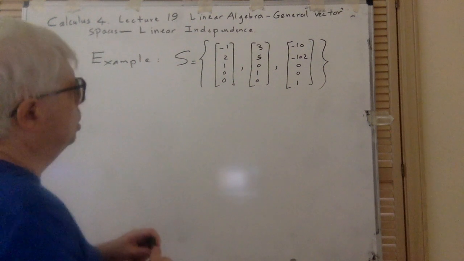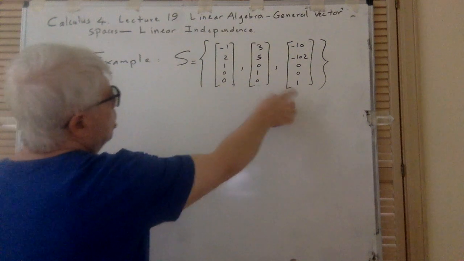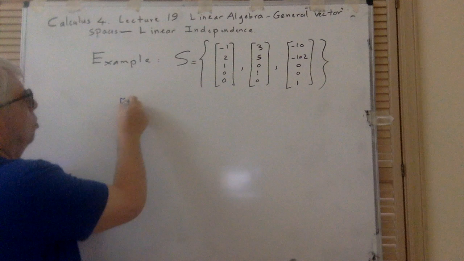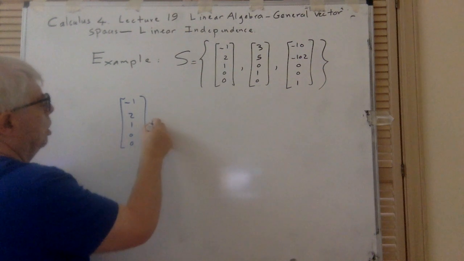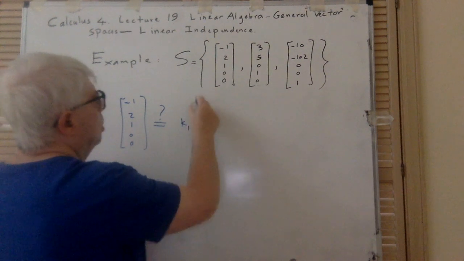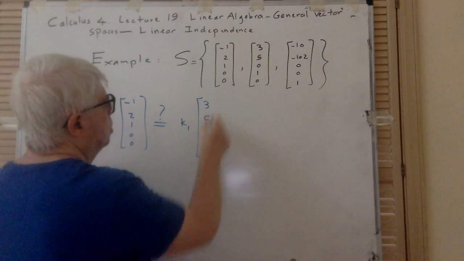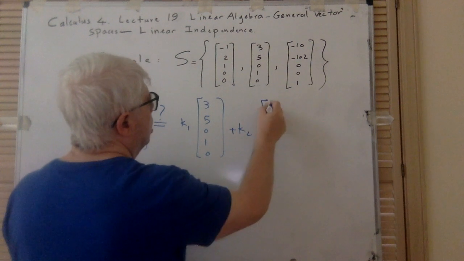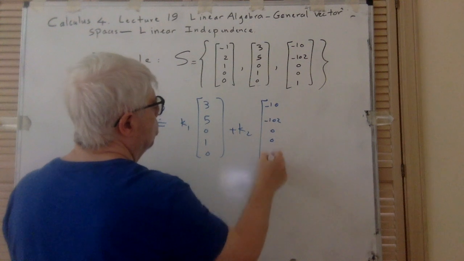Okay, let's look at this. Can this be a linear combination of these two? Let's write it: minus 1, 2, 1, 0, 0 equals, question mark, some k1 times 3, 5, 0, 1, 0 plus some k2 times minus 10, minus 102, 0, 0, 1.